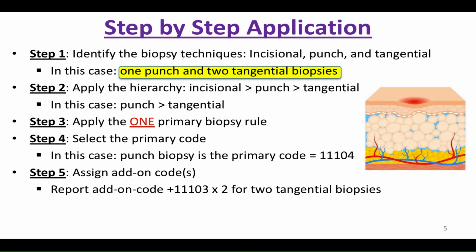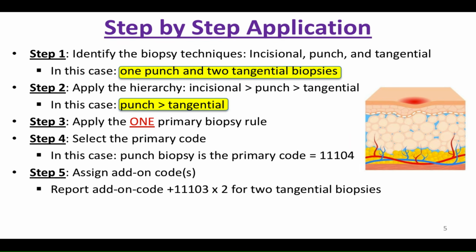Step 2. Apply the hierarchy. The hierarchy is incisional first, then punch, then tangential. Since there is no incisional biopsy in this case, punch becomes higher than tangential, so punch is the primary technique.